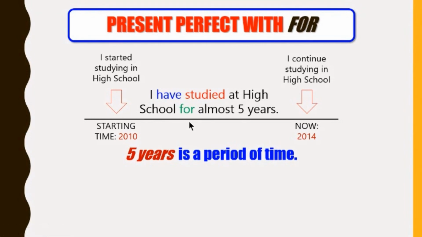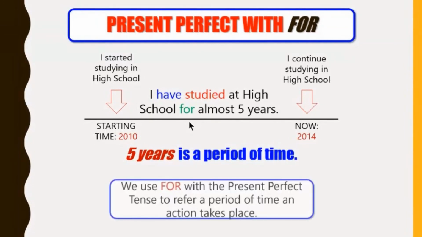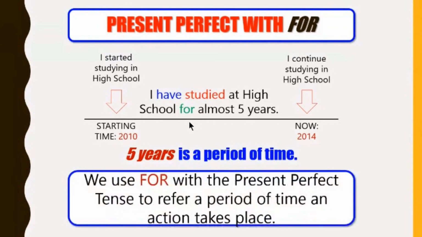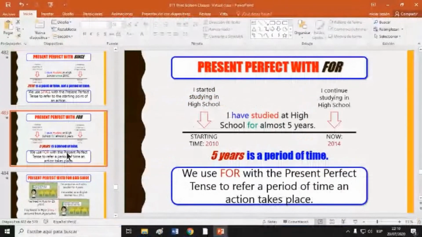I have studied English for a year, for 11 months, for 3 days, I don't know, no? So you have the period of time with "for." We use "for" with the present perfect tense to refer to a period of time in which an action takes place. For 10 years, so you have.